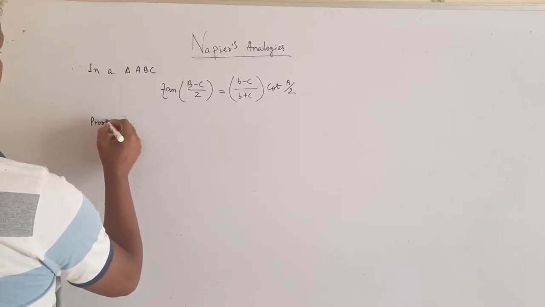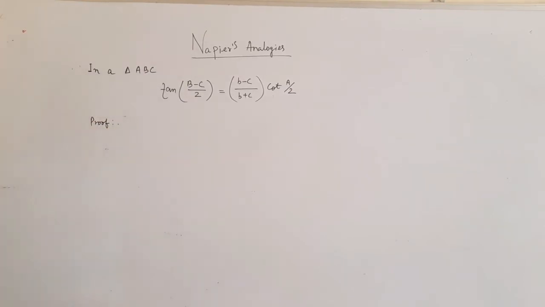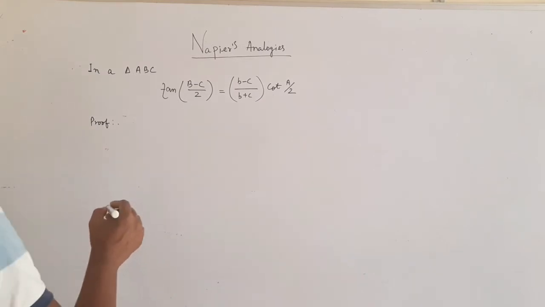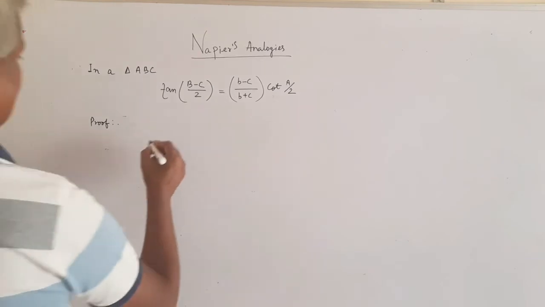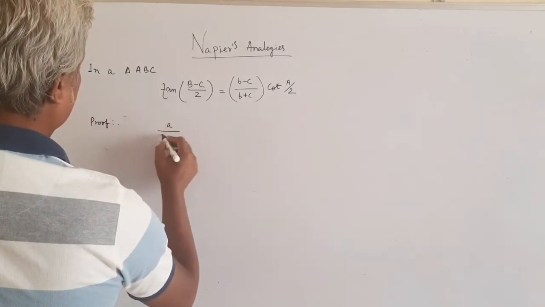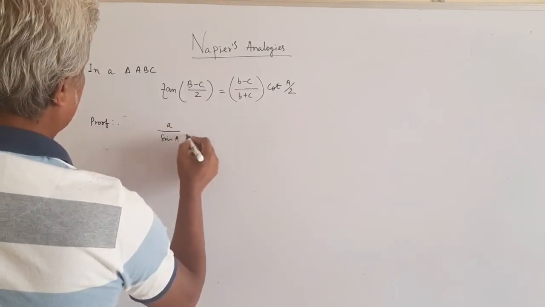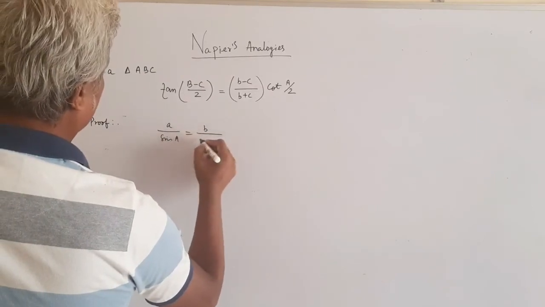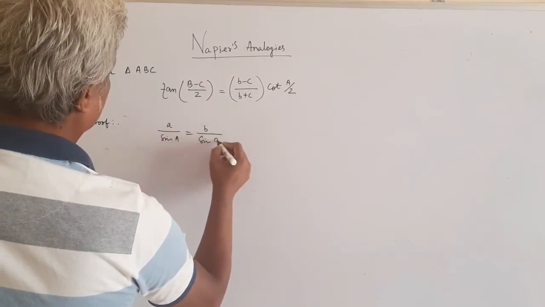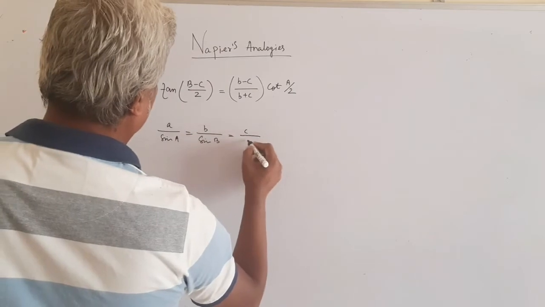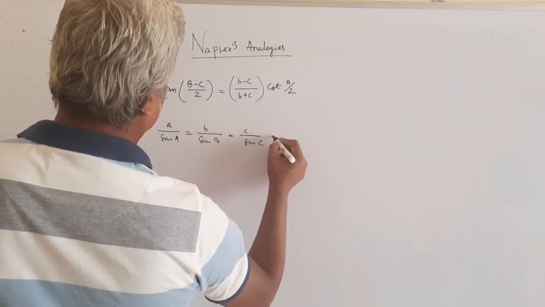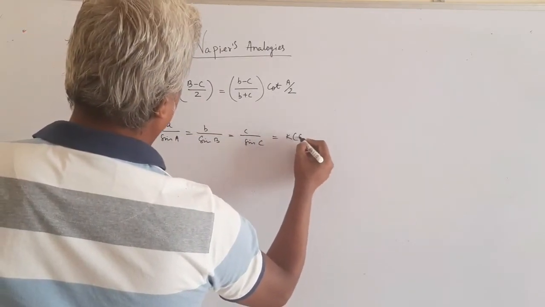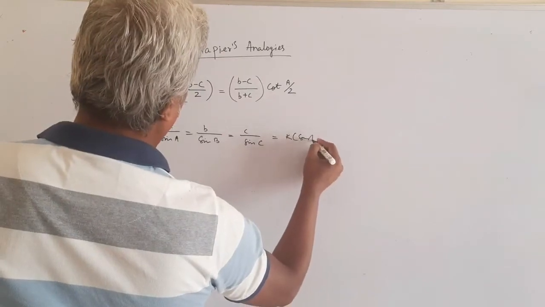To prove it, first we have to use the sine rule. The sine rule is what you studied in the last video. It goes like a upon sine A equals b upon sine B equals c upon sine C equals k, a constant.